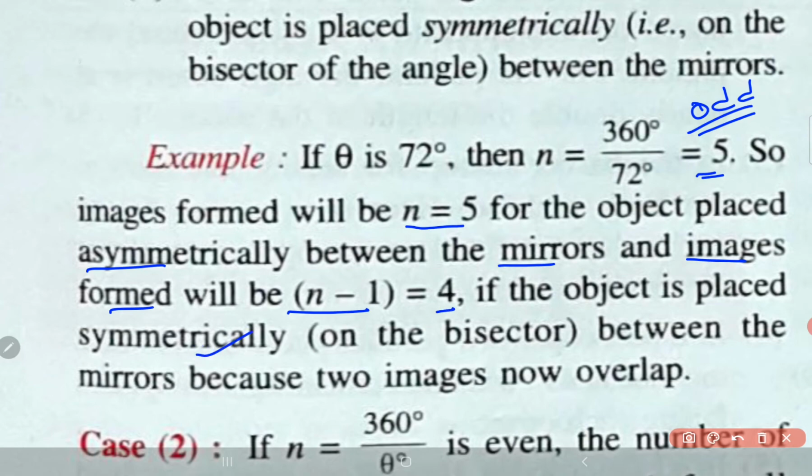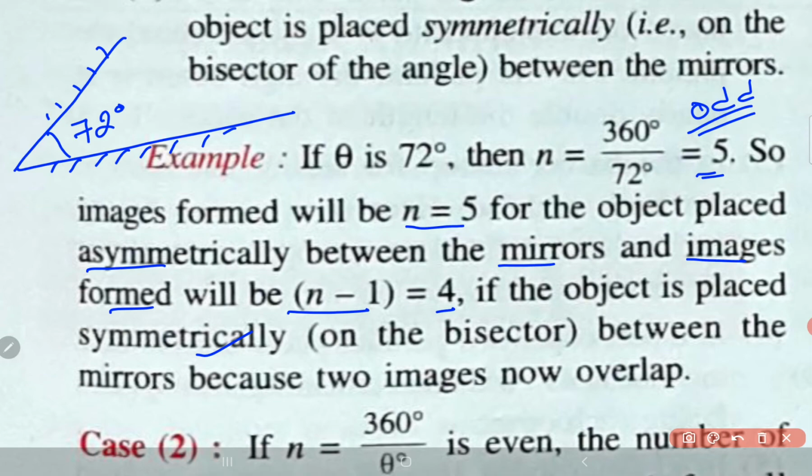For example, if I consider two mirrors such that the angle between them is 72 degrees, and you place one object somewhere around here, this is the angle bisector exactly in between those two mirrors.